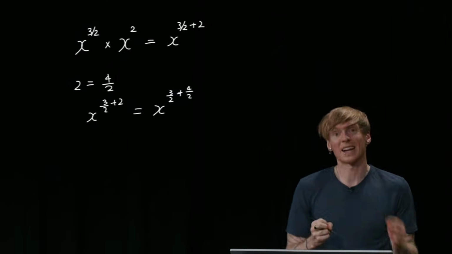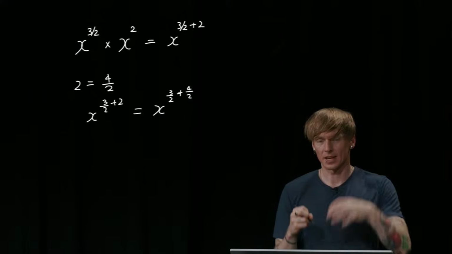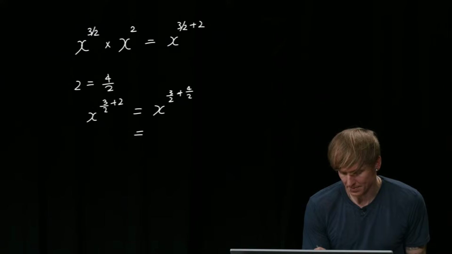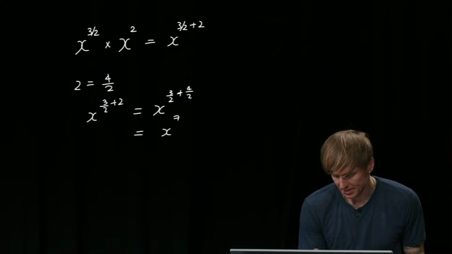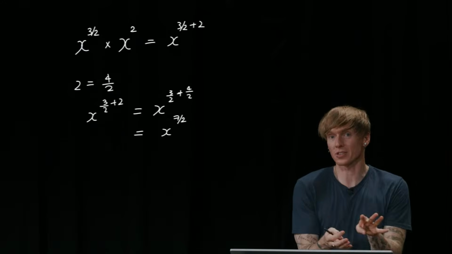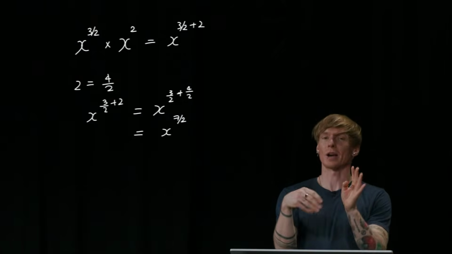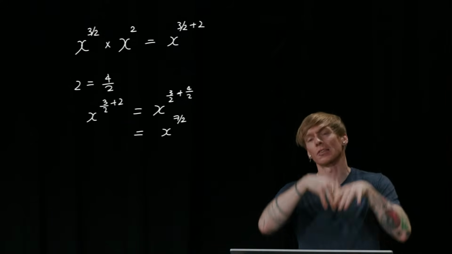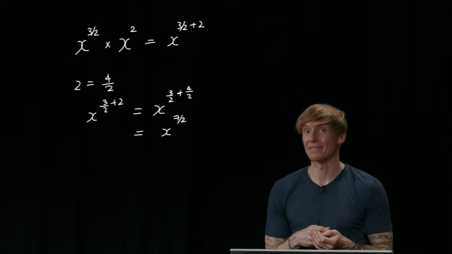So now we can actually add those fractions together. They have the same denominator, same number on the bottom, so we get x to the 7/2. So that's telling us that that product is actually just the same as square rooting x and then taking the whole thing to the power 7.